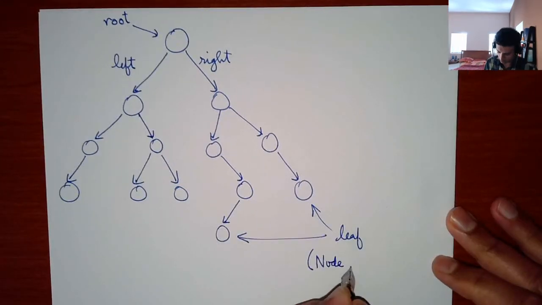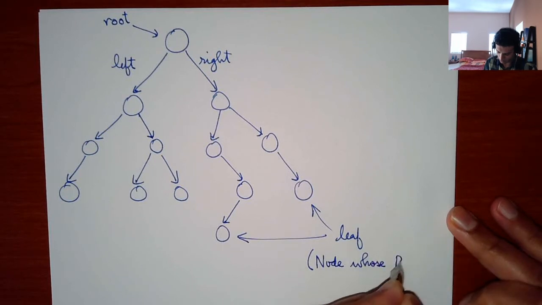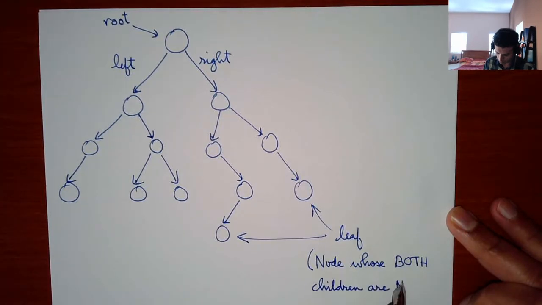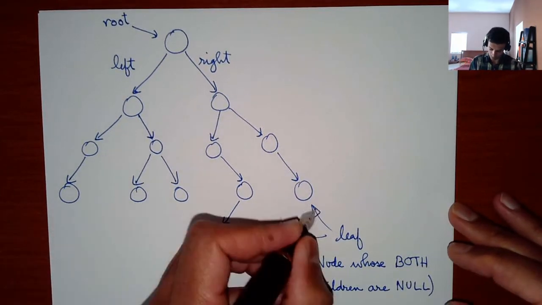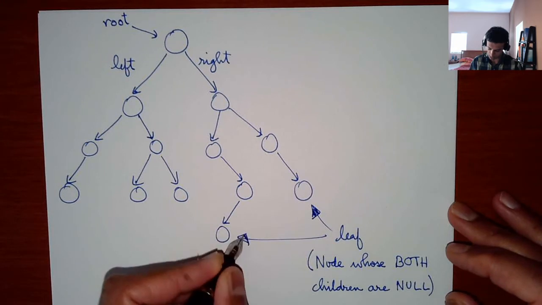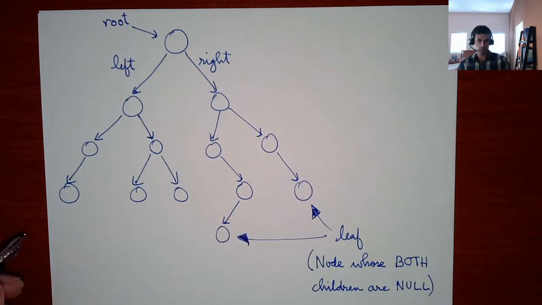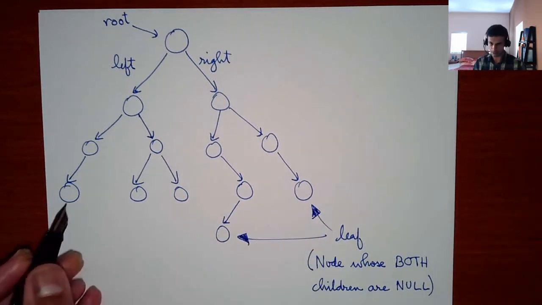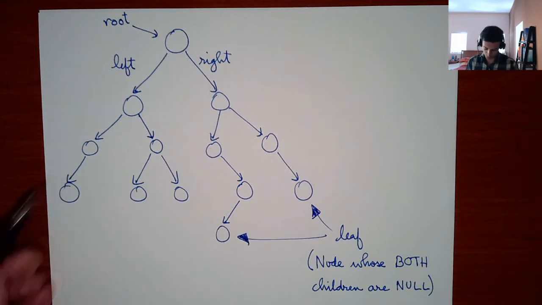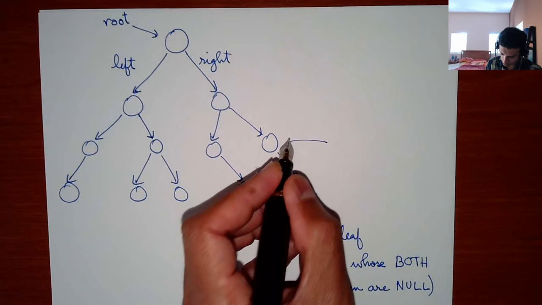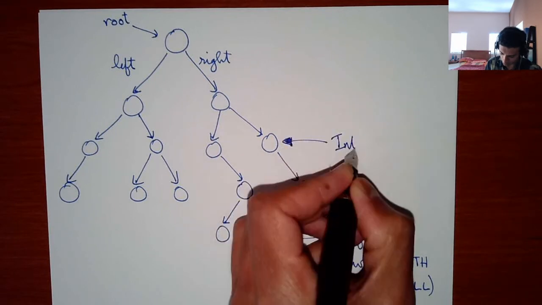A node whose both children are null. That's what a leaf is. Sorry, this arrow might be confusing. This arrow is not a pointer, it's just indicating that that's what leaves are. So in this case, there are 5 leaves: 1, 2, 3, 4, 5. The other nodes are called internal nodes.